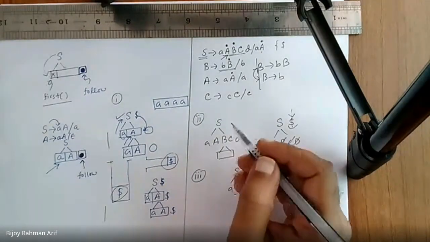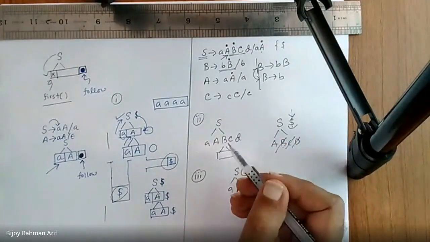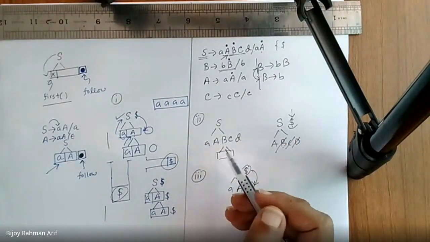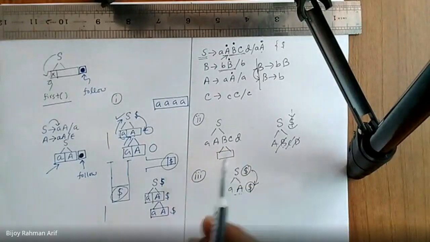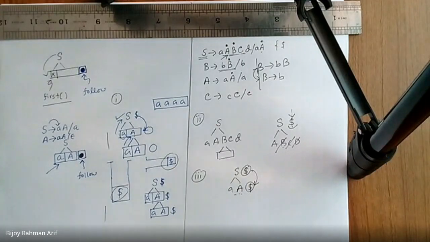Rule number 2 is, if we want to find out the follow of some variable, we try to find where that variable appears on the right hand side. At the right hand side, whatever comes after that variable, the first of that is the follow. Am I right?